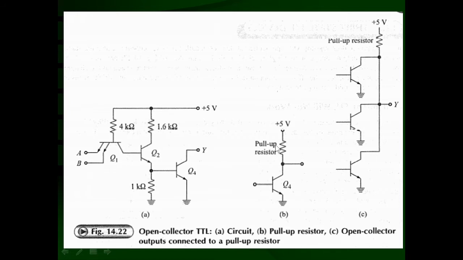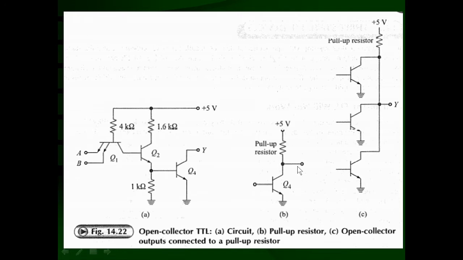But because the resistance is very high, on the order of a few kilo ohms, the RC time constant of the exponential charging takes more time, and that's why the switching speed is less. So changing from low to high is more difficult.